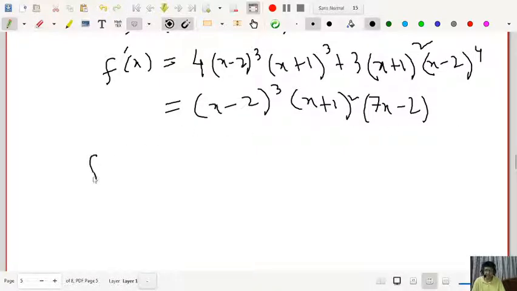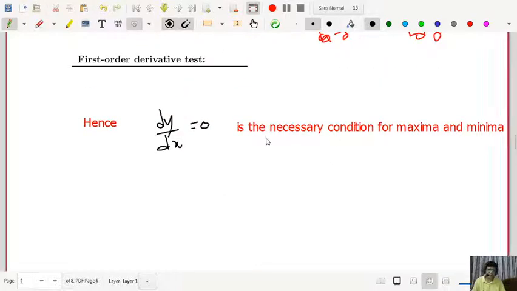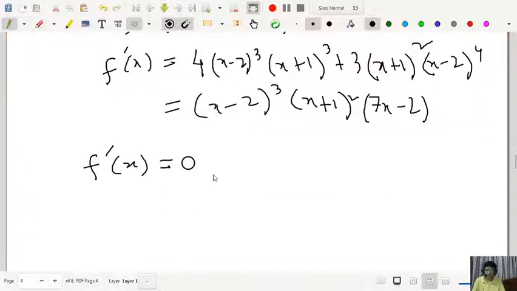Now the points are where f dash x equals 0, because the necessary condition for maxima and minima is dy/dx equal to 0. So you put dy/dx equal to 0, and that will give you the points. What are the points? -1, 2/7 and 2.